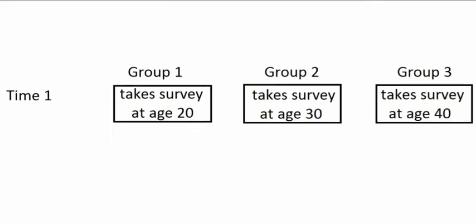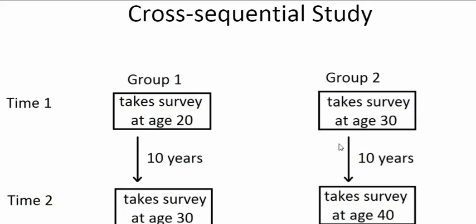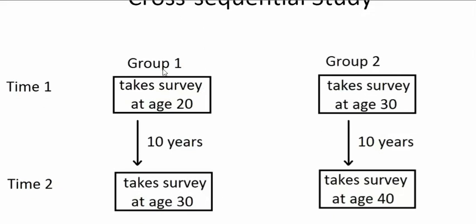And I said that in a cross-sequential study, a researcher follows separate groups of people across time. Notice how in this diagram, two separate groups of people, group 1 and group 2, are both being followed across time. Group 1 is being followed from time 1 to time 2, and group 2 is being followed from time 1 to time 2.